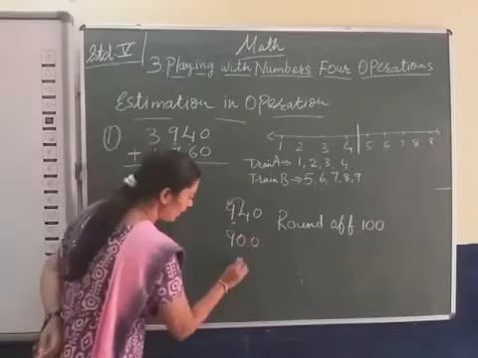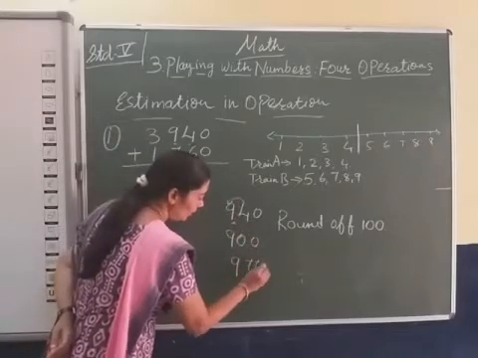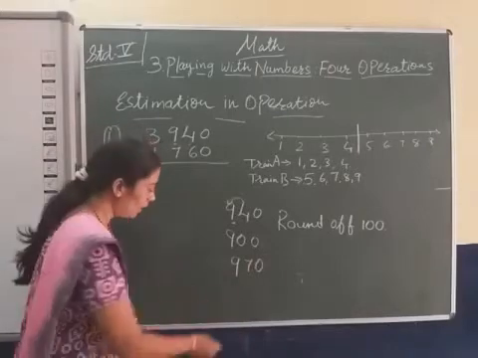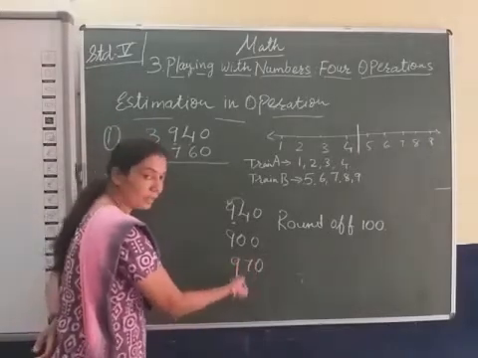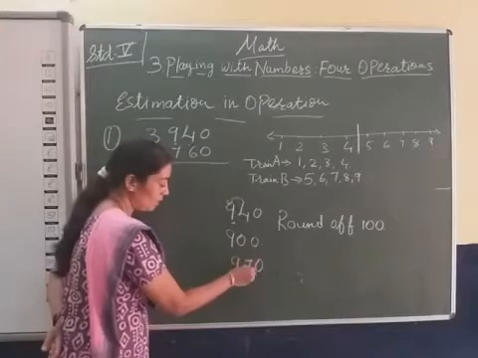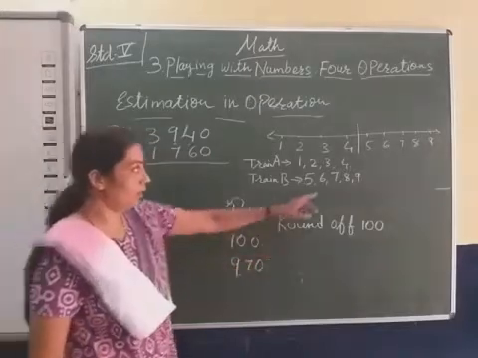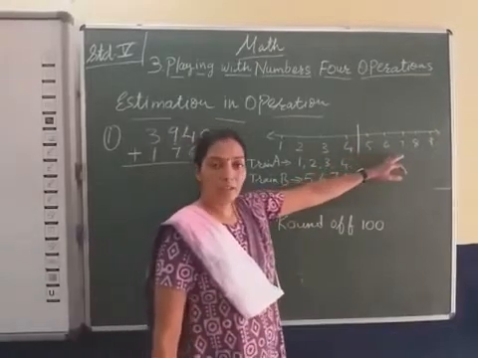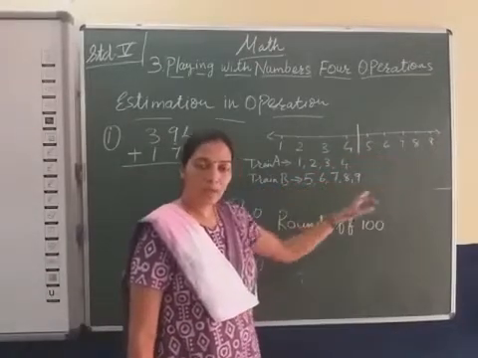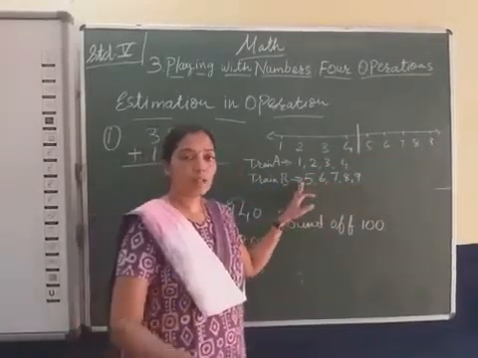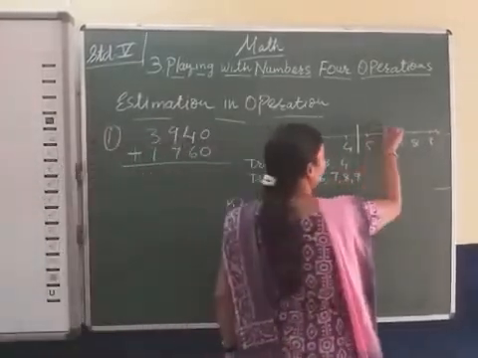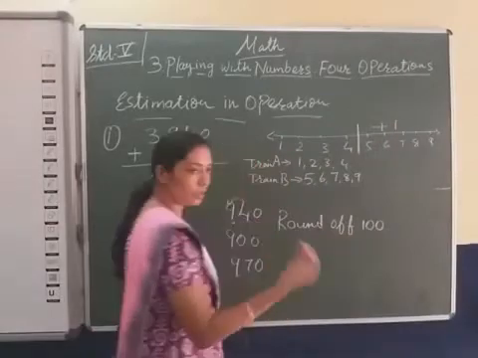If I say 970 and I round off to 100, we have to look at the next place value, 7, and 7 falls under this train B. He is not getting the same train, he goes to the next one. Next one means plus 1. So plus 1, these all are going to the next.